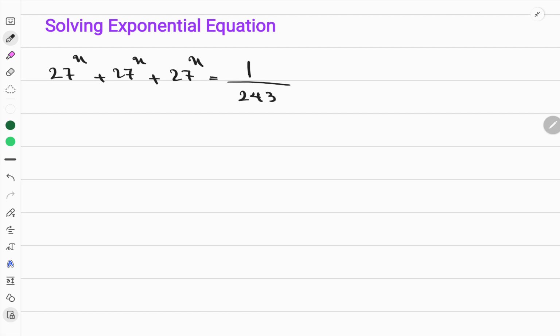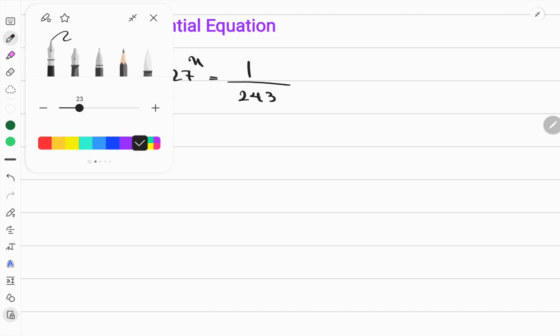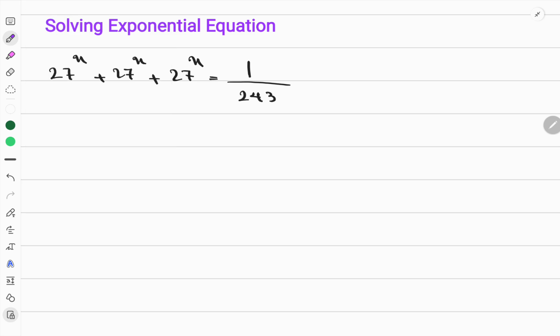And this is another question. We have 3 lots of 27 to the power of x equals 1 over 243. Okay, first of all, we can simplify the left-hand side. So we have 3 times 27 to the power of x equals 1 over 243.